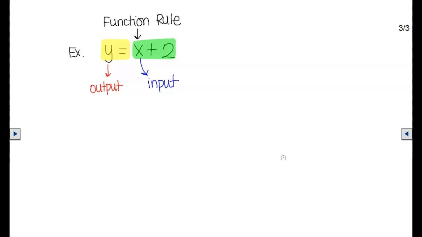So this function rule says that the output is equal to whatever the input is plus 2. This equation is telling me exactly what this function is going to do to that x. It's going to add 2 to it in order to find the y.